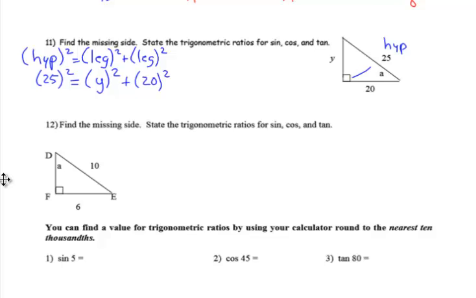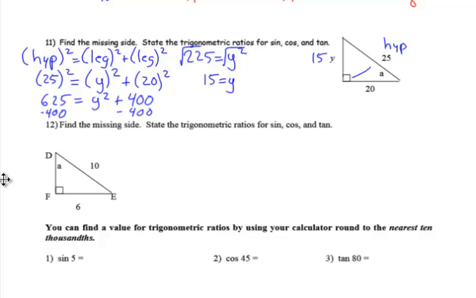Okay, so 25 squared is 625 equals y squared plus 20 squared is 400. If we subtract 400 from both sides, we're going to have 625 minus 400 is 225 equals y squared. And when we take the square root of that value, the square root of 225 is a perfect square, and that is 15. So our side is 15.